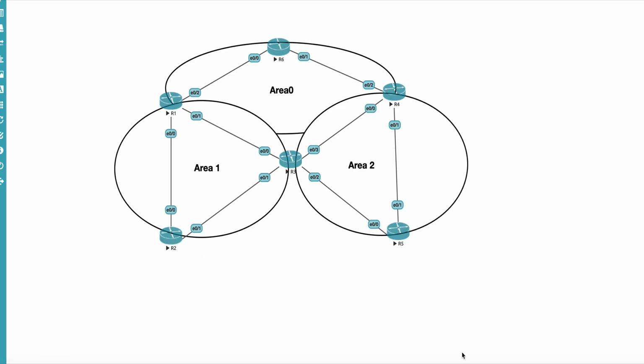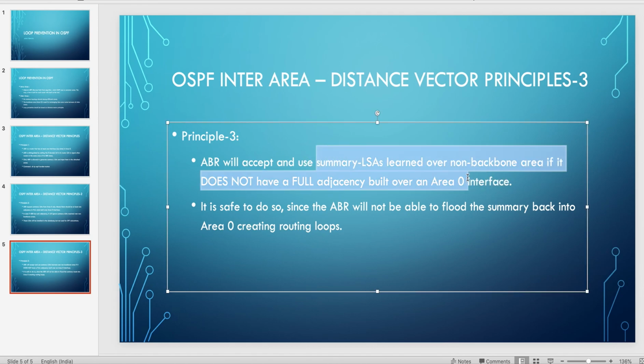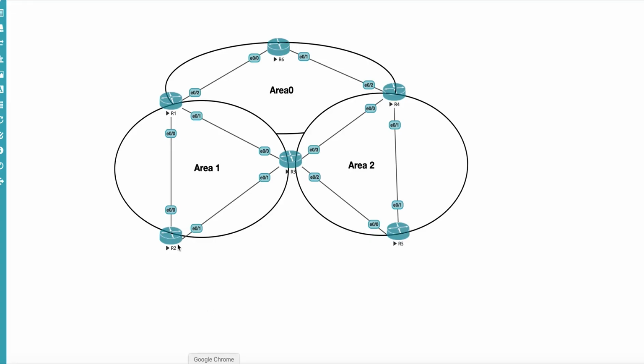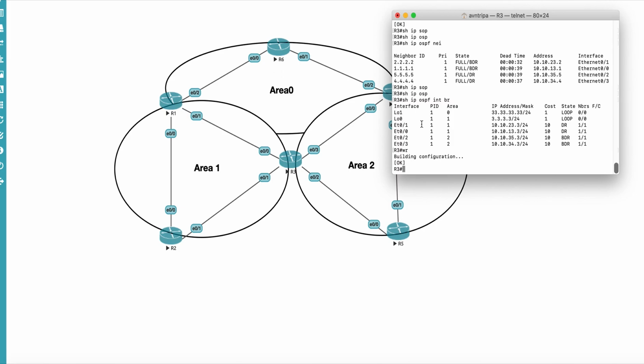Right now, what was our situation? An ABR will accept and use summary LSAs learned over non-backbone areas if it does not have full adjacency over area 0. So now you can see that R2 does not have full adjacency with area 0, right? It does not have any interface that is connected to area 0, so it will accept and learn routes from R3. There won't be any issue like with R1.